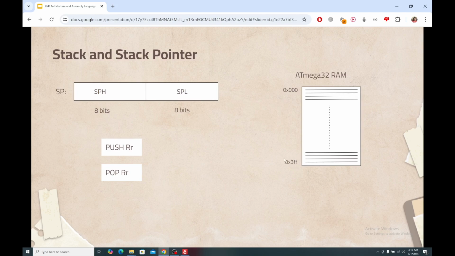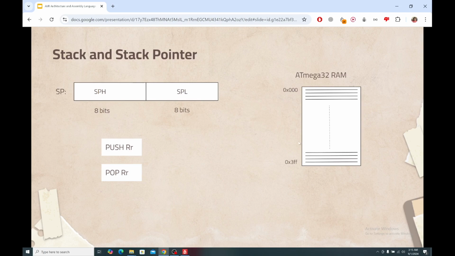That means it begins at the highest level, and then if we push some data, the data will be stored in the current stack pointer address, and then the stack pointer will be decremented by 1. If we push another data, it will first store the data into the stack pointer address, and then it will get decremented by 1.